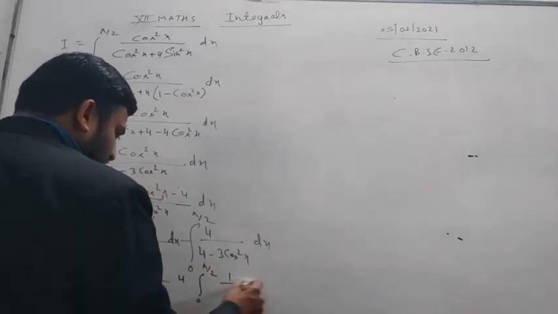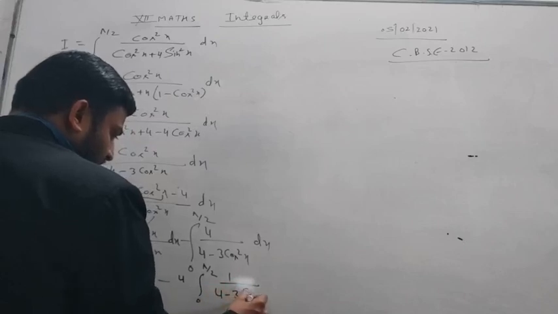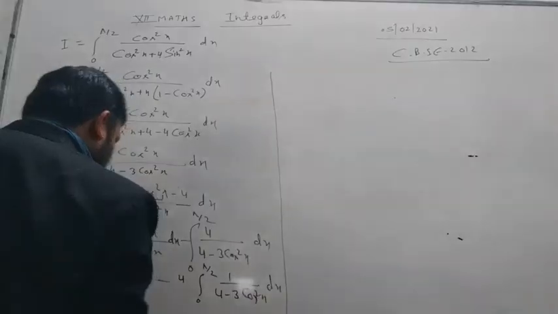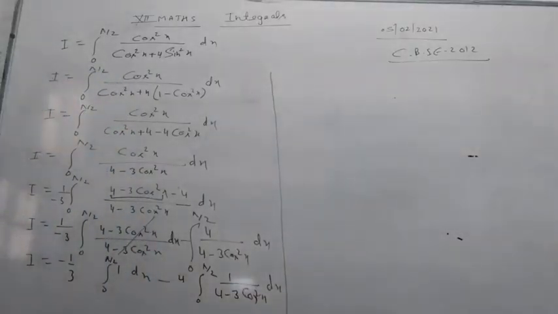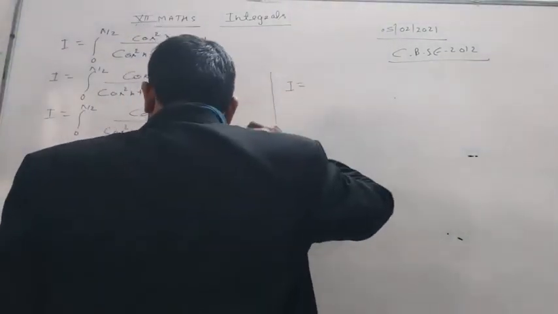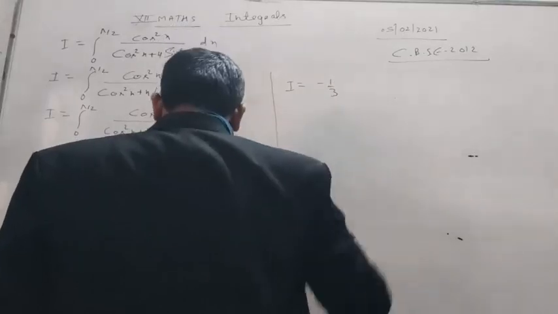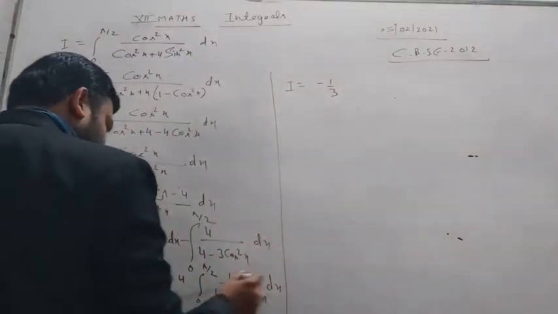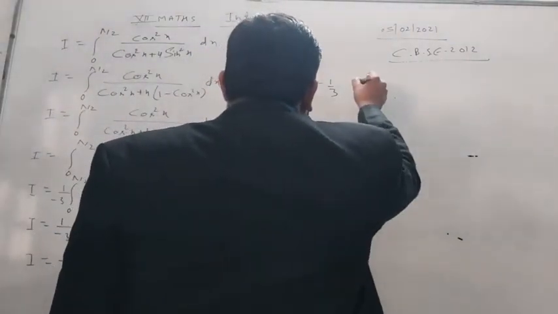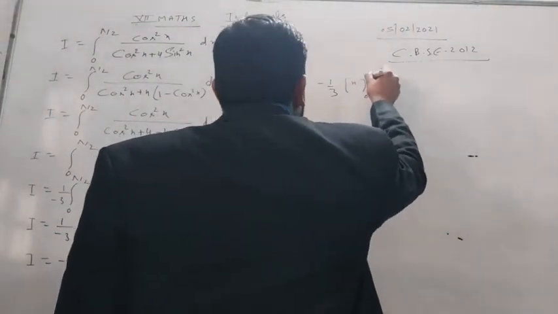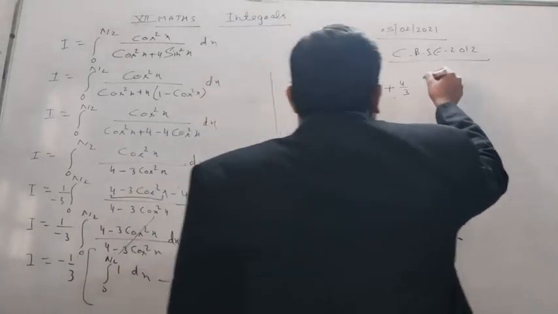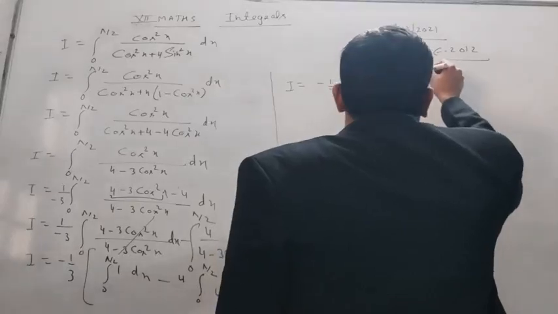And students, here take 4 outside, and this is the integral from 0 to pi by 2 of 1 by 4 minus 3 cos square x dx. Okay, students, now I is equal to minus 1 by 3 times x from 0 to pi by 2, plus 4 by 3 times the integral from 0 to pi by 2.